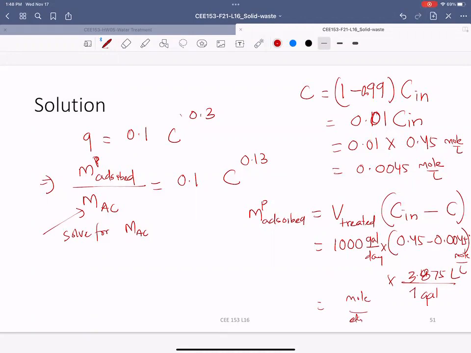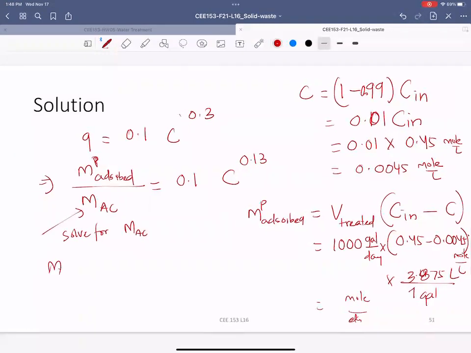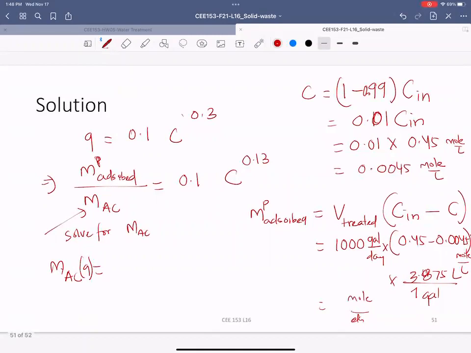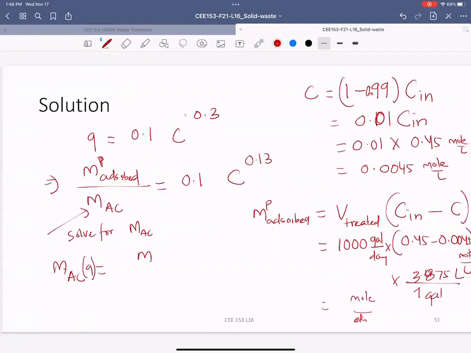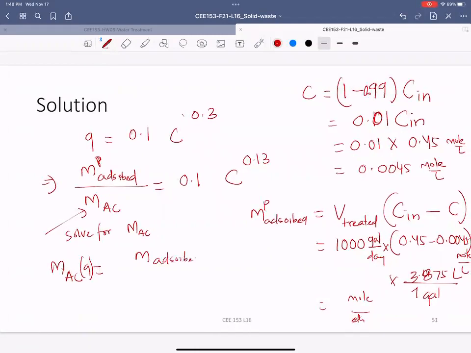Now if you put those values in, then the mass of activated carbon, in grams, because the concentration is given per gram, is M absorbed, which will be basically moles per day, divided by 0.1.